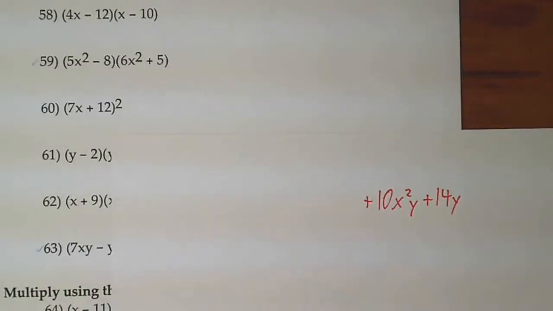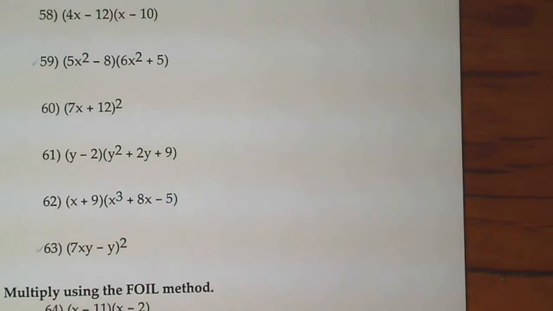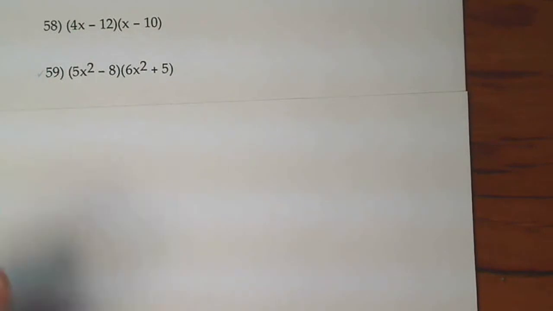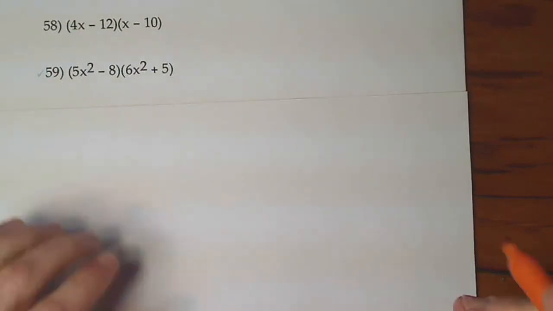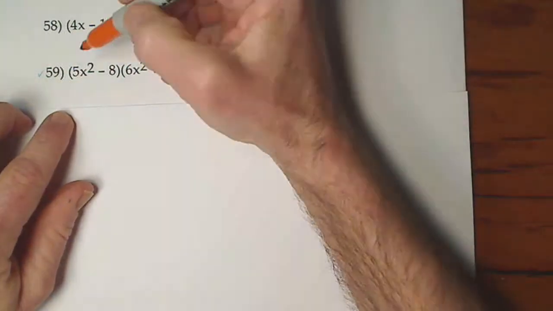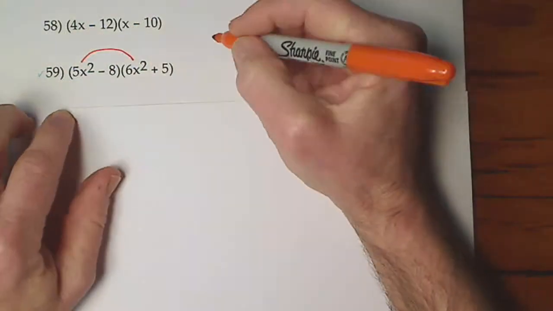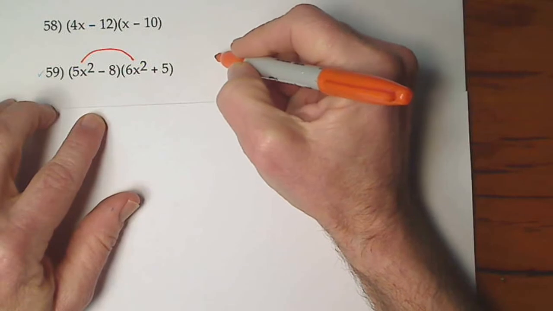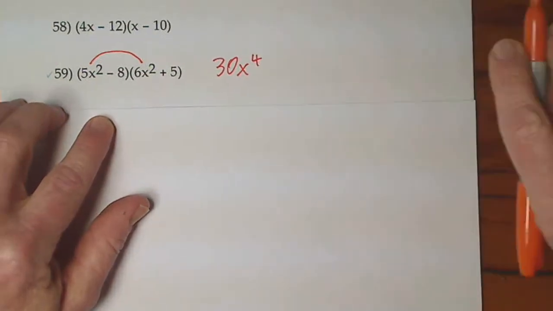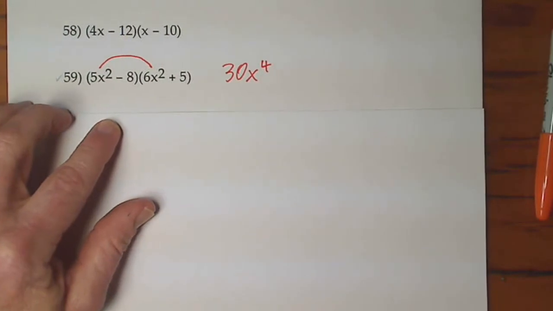So back to the problems that were actually given. Number 59. Again, I just like to do this in an orderly way. I start with the first term in this set of parentheses, and 5x squared times 6x squared, that's 30x to the fourth.